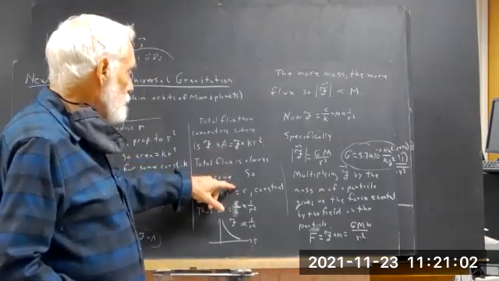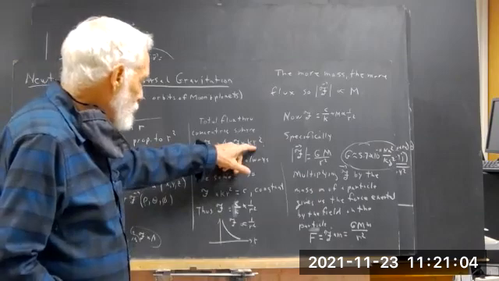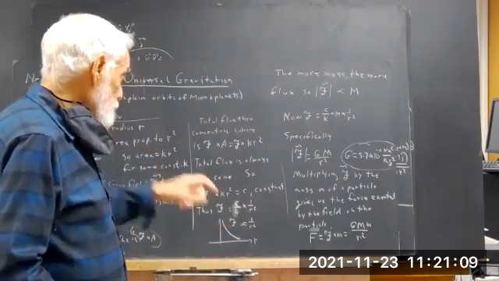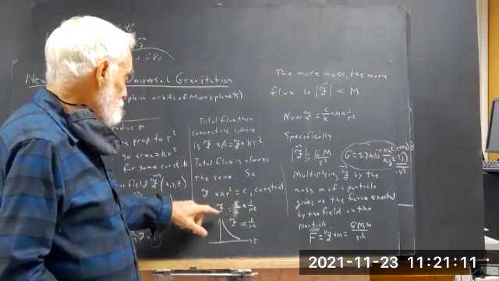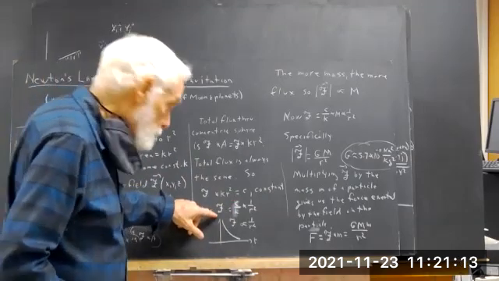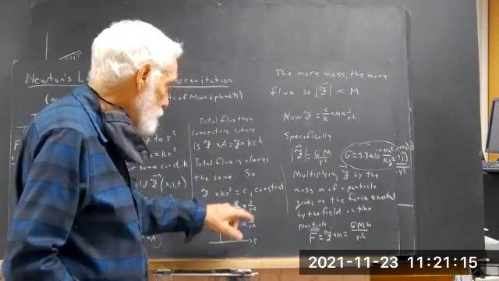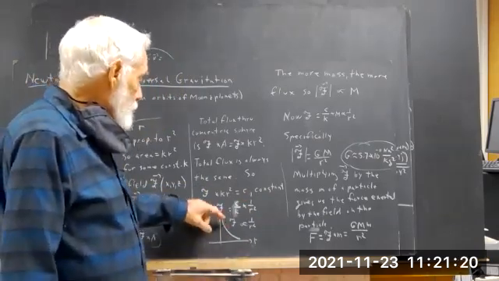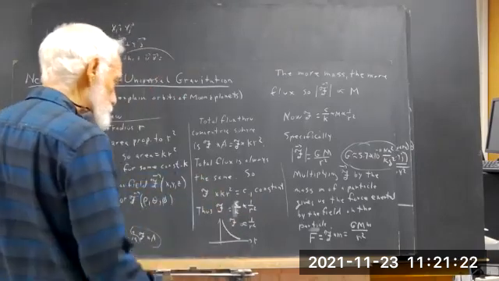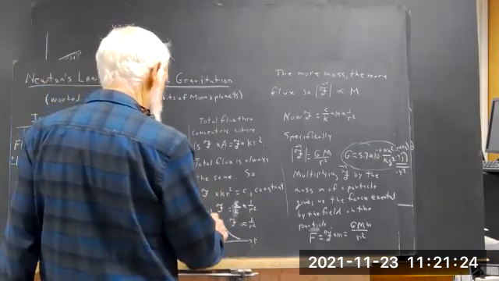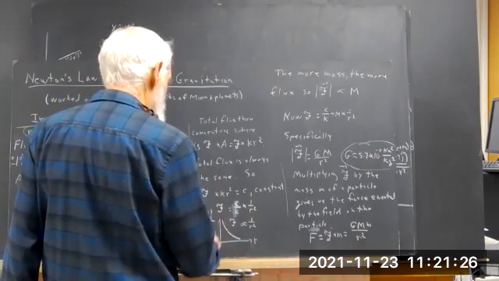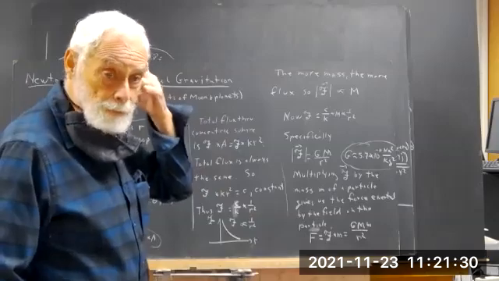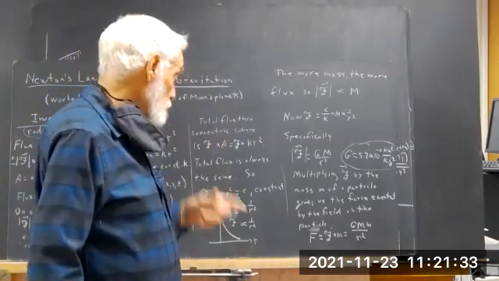Since the total flux is always the same, this has to equal some constant, which I'll call C. And the magnitude of the field is just C over k times 1 over r squared, a reciprocal square. So we could even do a graph of the field versus r. It's just a reciprocal square graph, which everybody should be familiar with from pre-calculus.